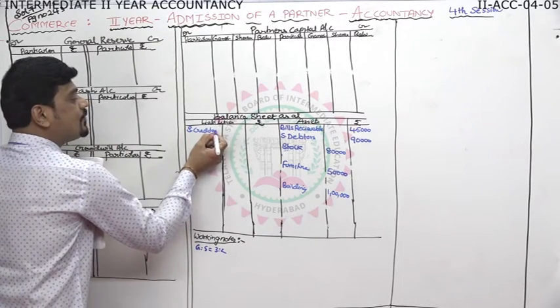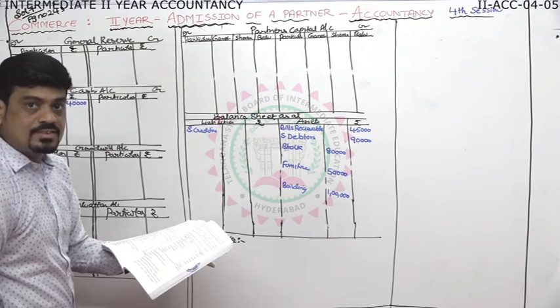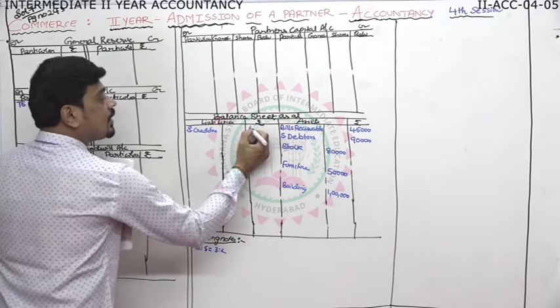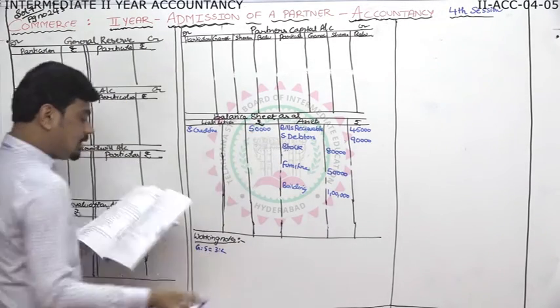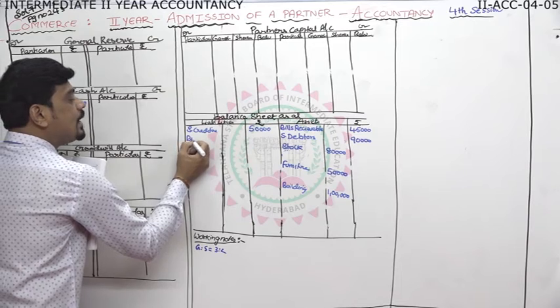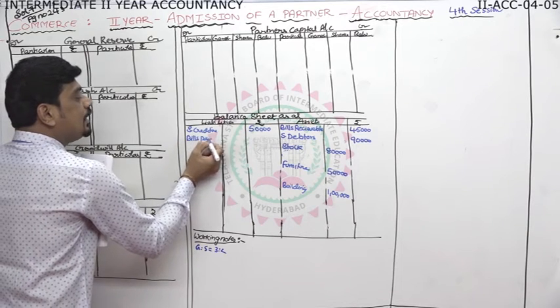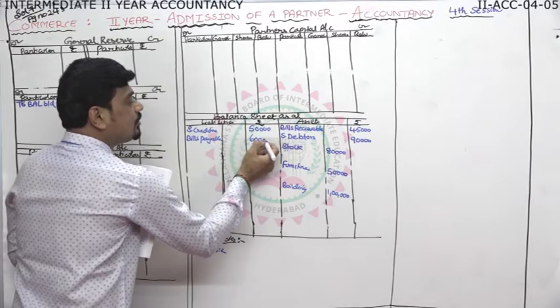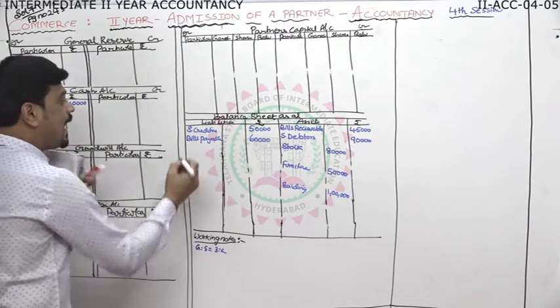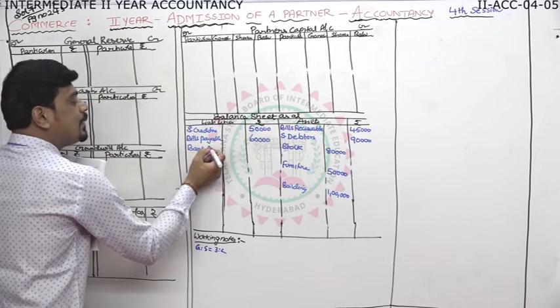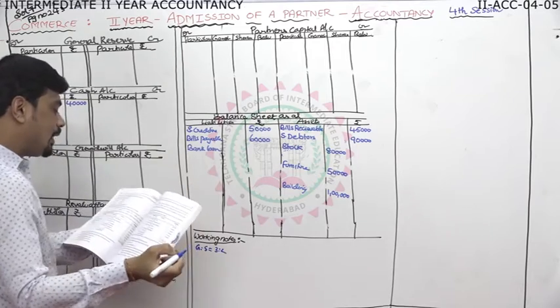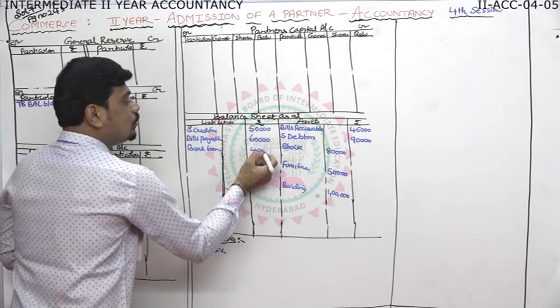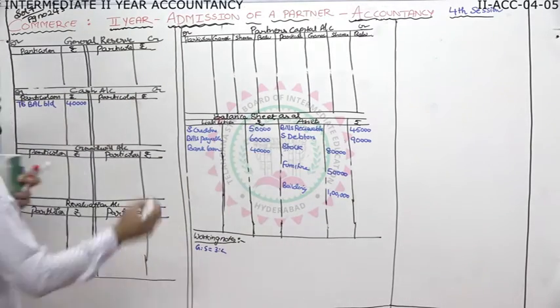There is no hard and fast rule. You can start either from assets or liabilities. Creditors 50,000. Bills payable, it is just the subject called cut, copy and paste, 60,000. Bank loan is a liability, so bank loan as it is 40,000. Then general reserve.